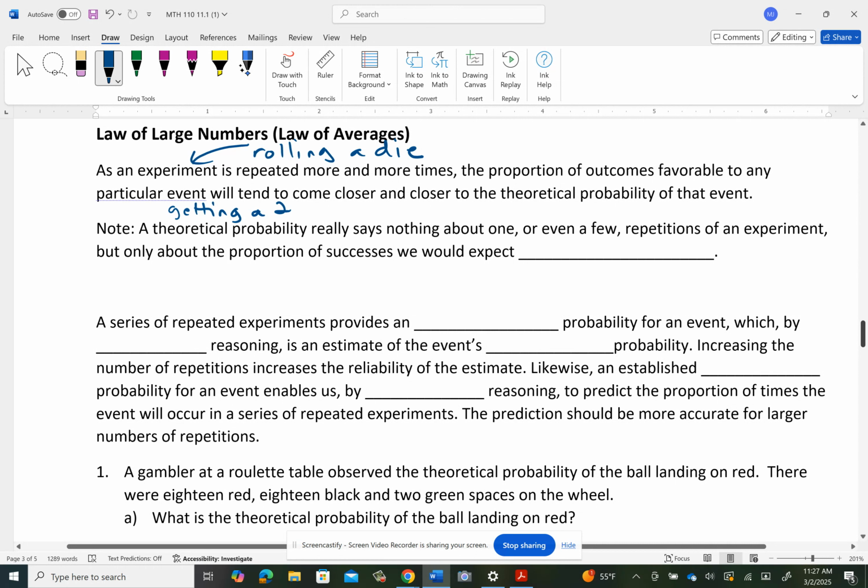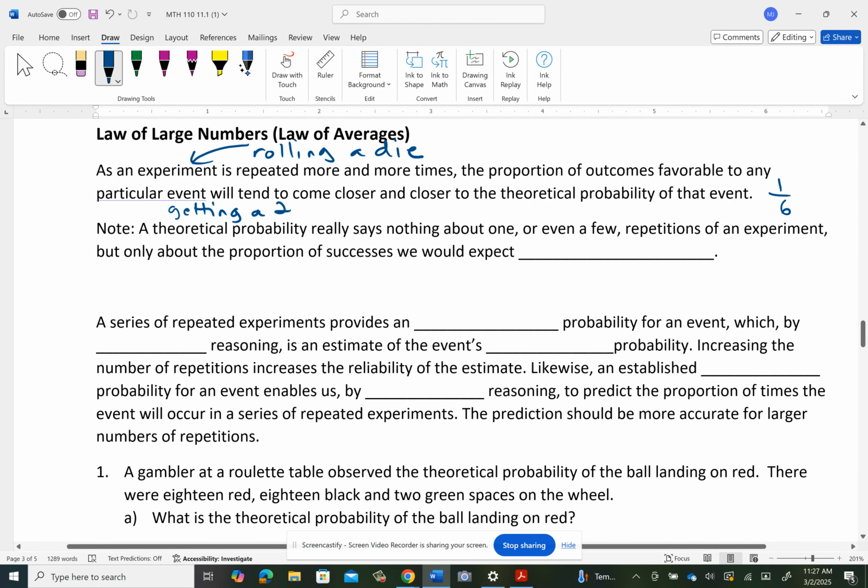What we're saying is, the more you roll the die and check whether you got a 2 or not and determine the probability, the closer you're going to get to the theoretical probability of the event. The theoretical probability would be that you have a 1 out of 6 chance.